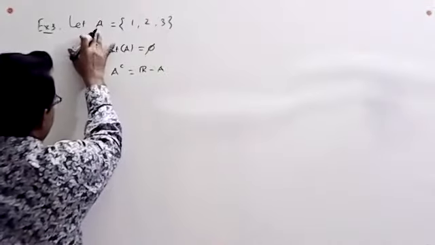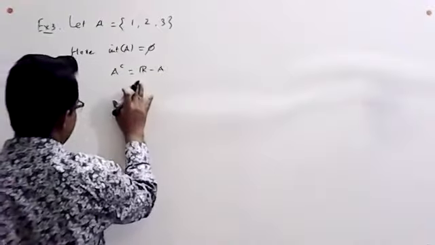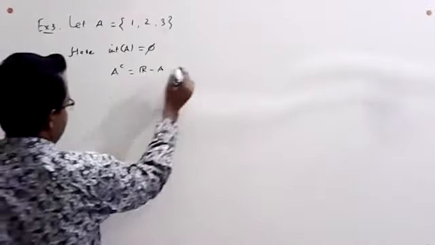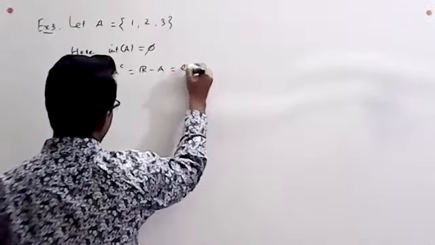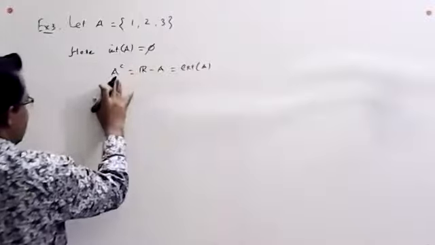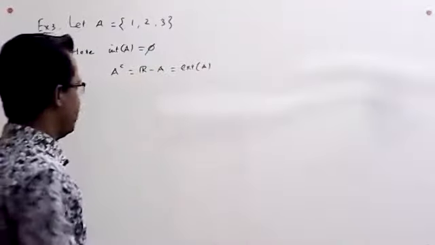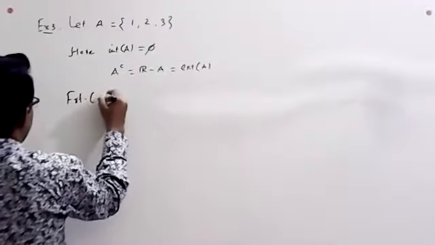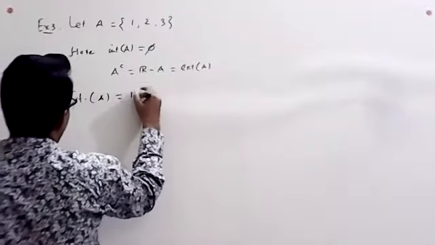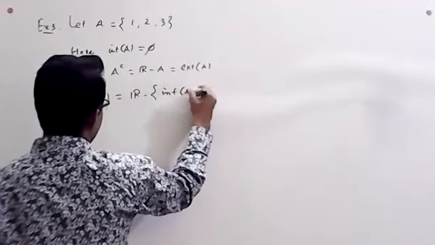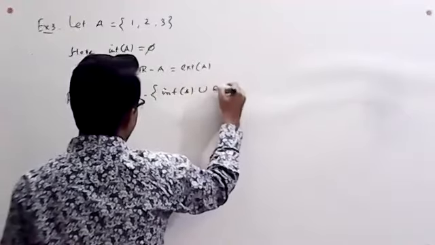If it is a closed set, then this set will be described as exterior of A. If it is closed, then the exterior of it is directly the complement. So frontier of A will be R minus interior of A union exterior of A.